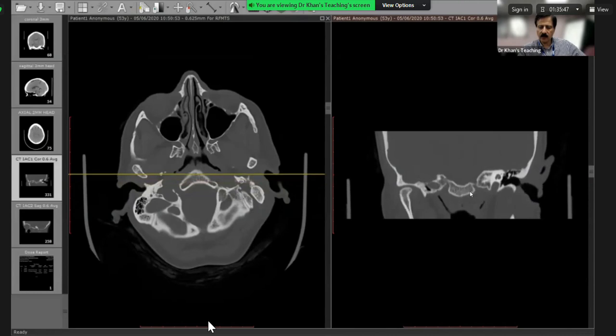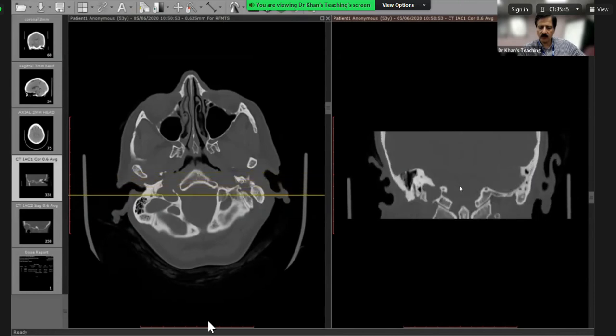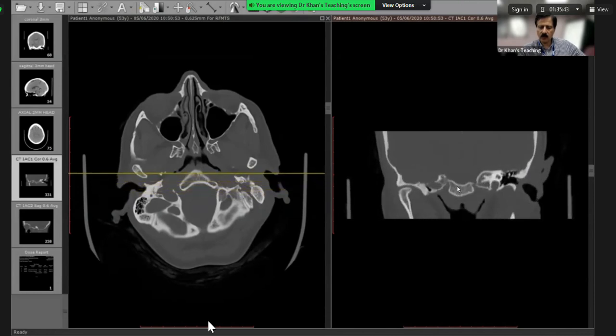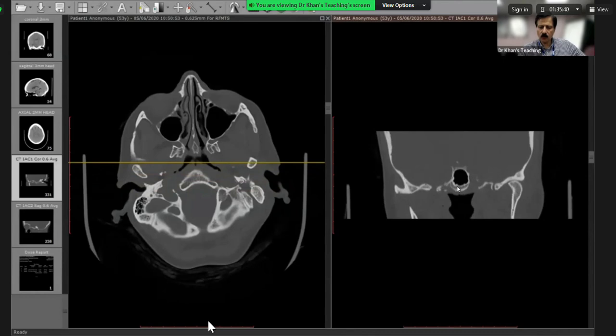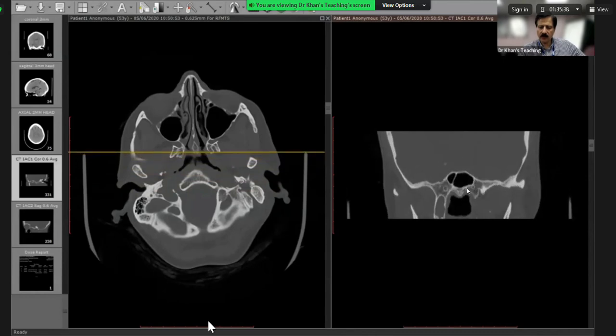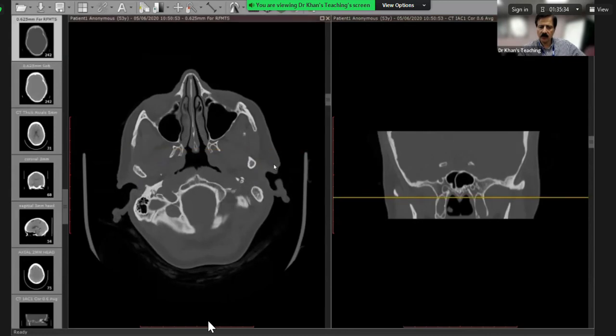The key point I want you to remember on this coronal is the foramen rotundum and the Vidian canal. This is the sphenoid sinus, and this is the sphenoid sinus. Inferior to the sphenoid sinus, you can see this foramen. This is the Vidian canal, and it opens into the pterygopalatine fossa.